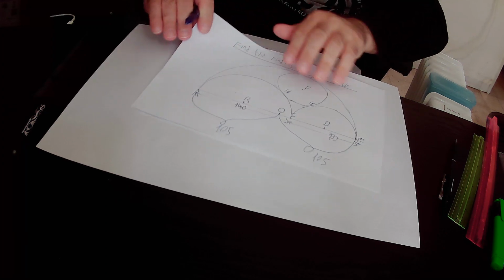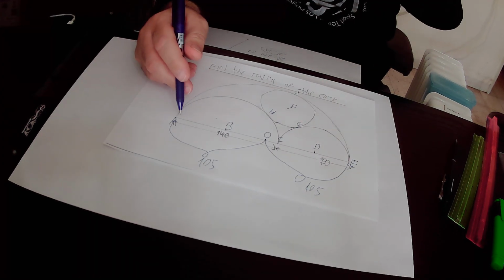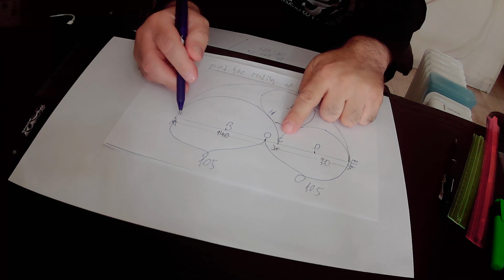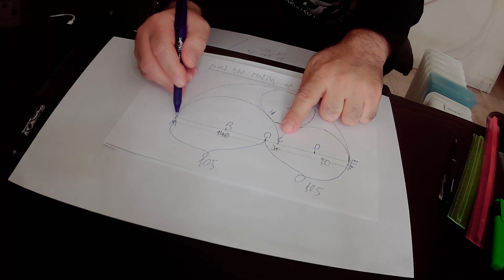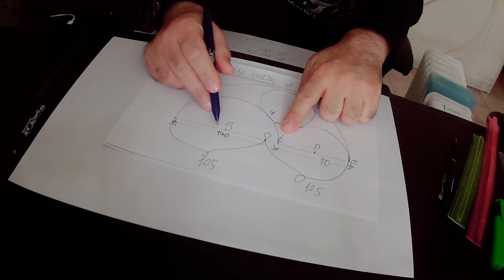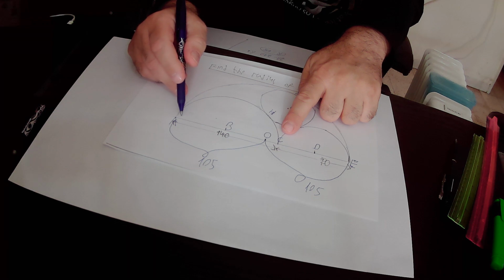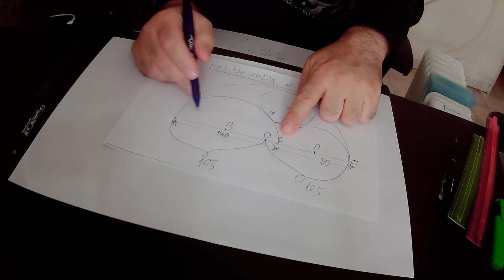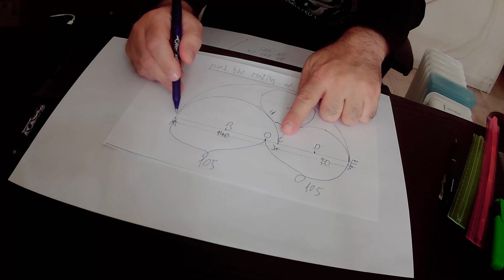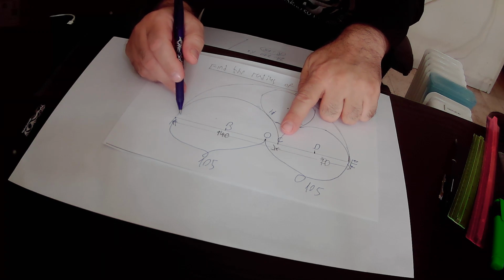It is given us in the question that line segment AC equals to 140 units. But what is line segment AC? Line segment AC, it is the diameter of this semicircle, and therefore the radius must be equal to half of it.